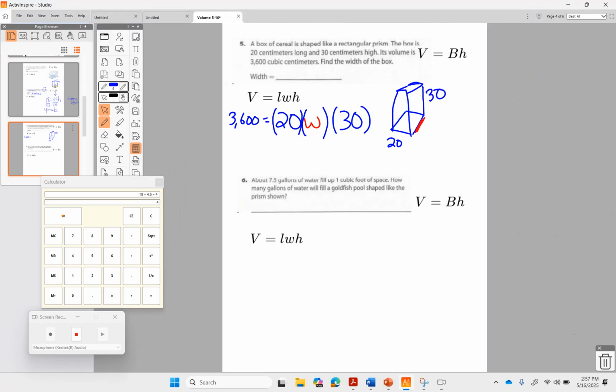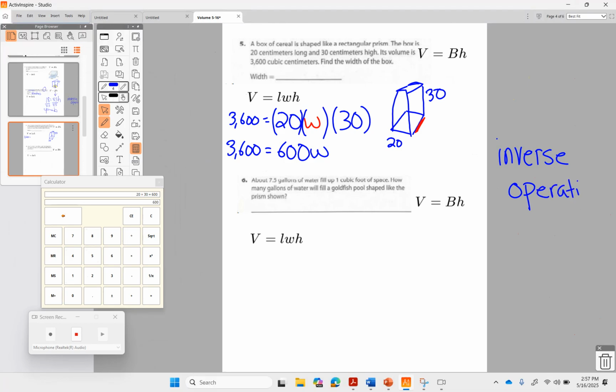I can multiply numbers in any order. So on the left, 20 times 30 is 600. Hopefully you are starting to say, this is not part of your secret code, but oh, I need to use inverse operations.